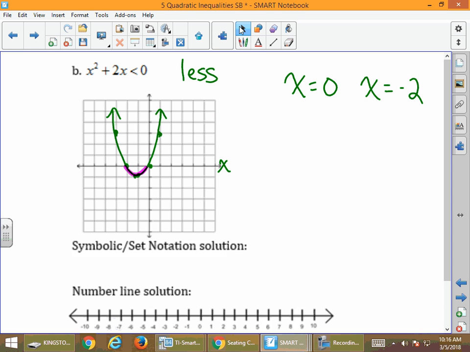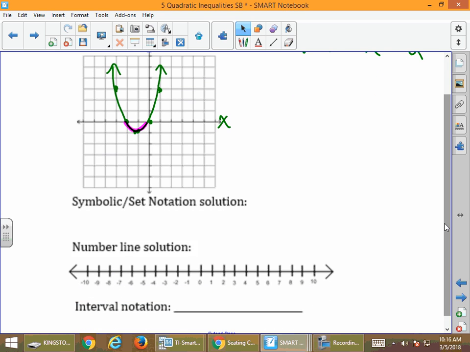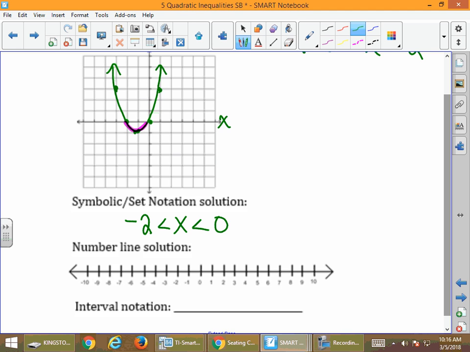And notice that we only put in one highlight in that particular one. So to answer this question then, when we get down to the symbolic set notation, all of our answers are going to be in between -2 to 0. No equals. There was not an equals in the problem.